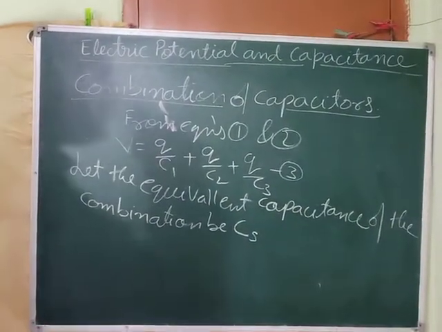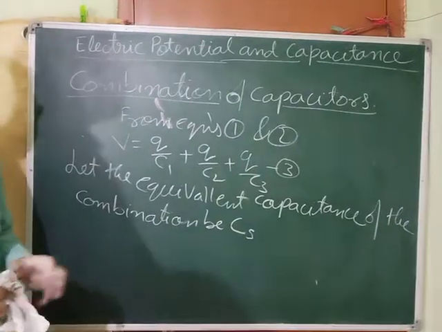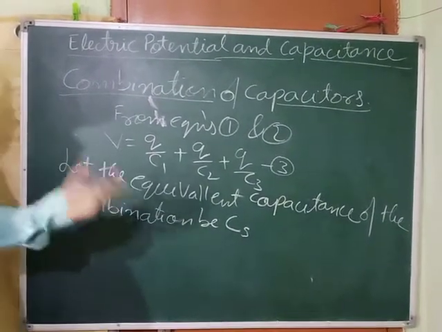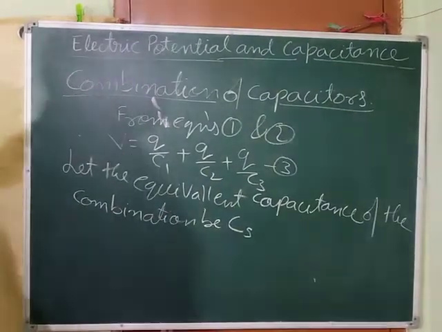S for series, C for capacitor. So we have taken, suppose the equivalent capacitance of this combination is CS. We don't know its value, we will find it. That's why we have taken a symbol for it.